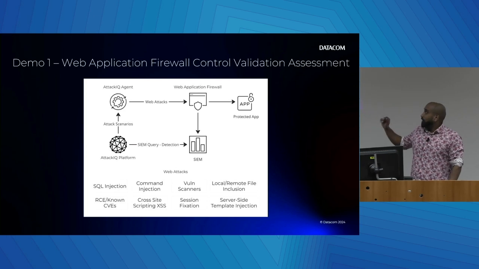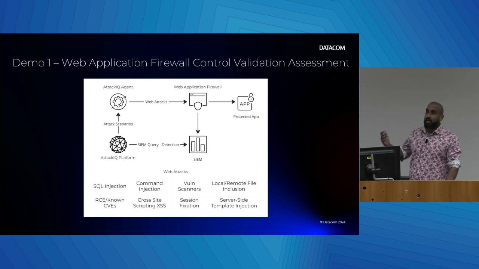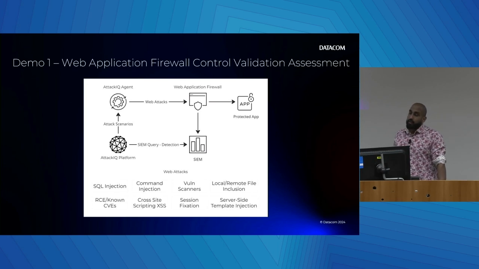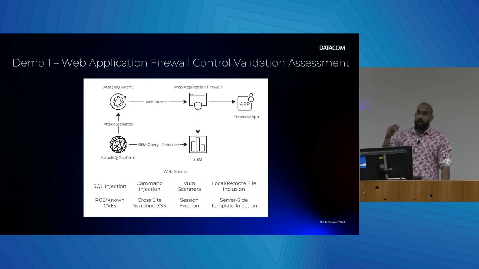And in the scenario, what we're using as a platform for BAS is through our partner AttackIQ. So the workstation that's in the lab environment will have an AttackIQ agent that would, one, talk to the AttackIQ platform, but then it would also be able to target the URL of the web application.